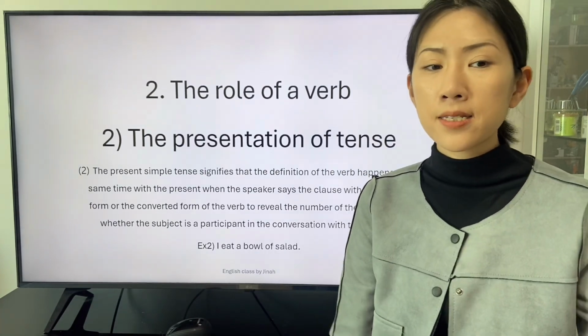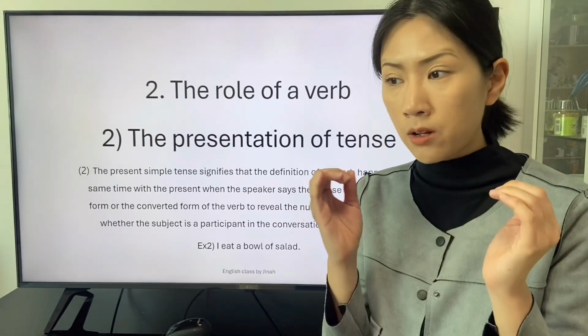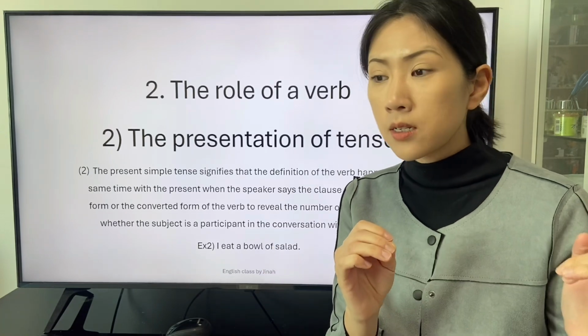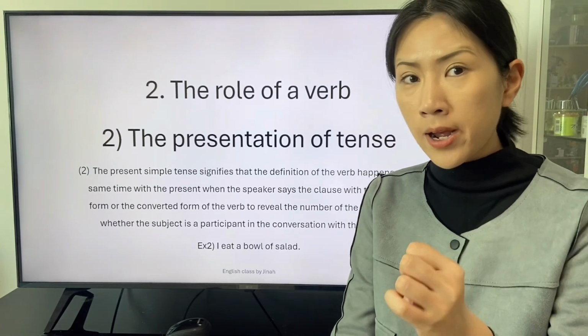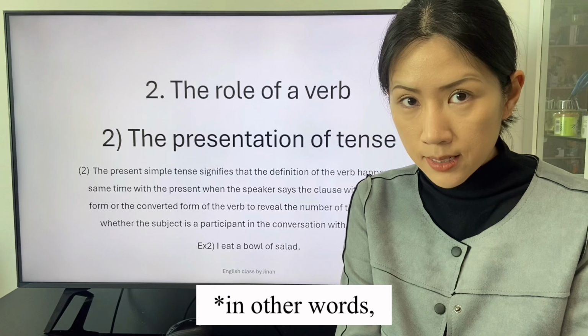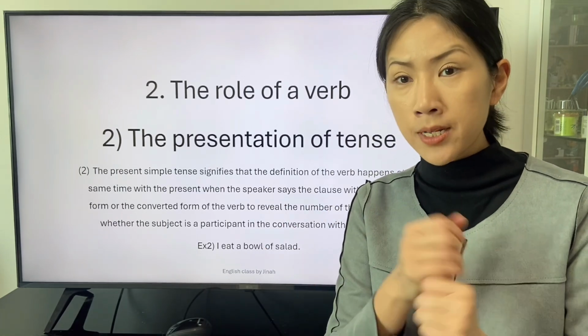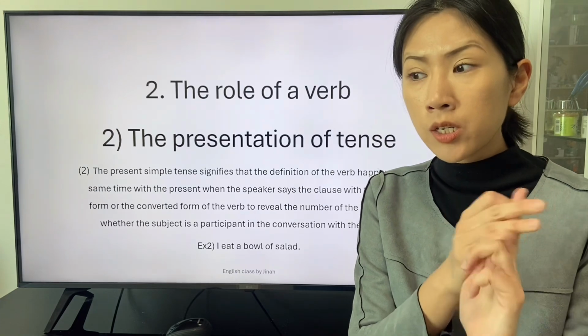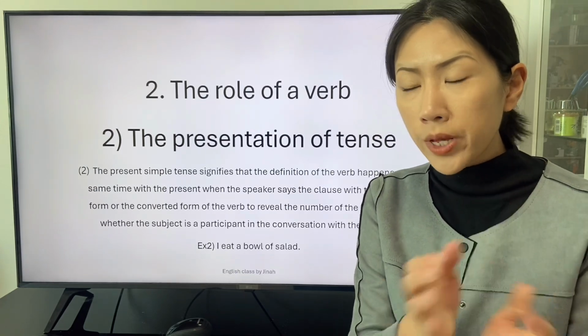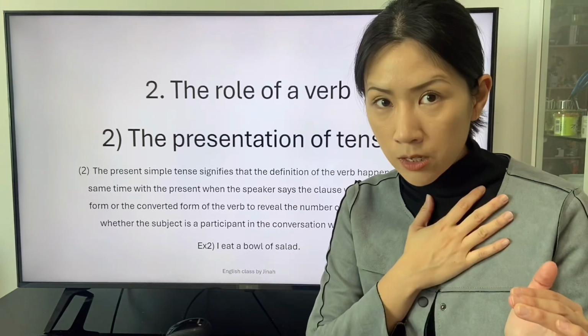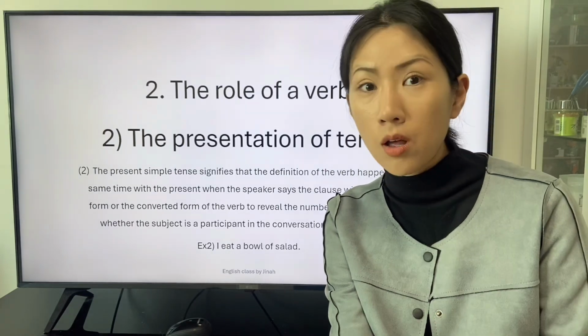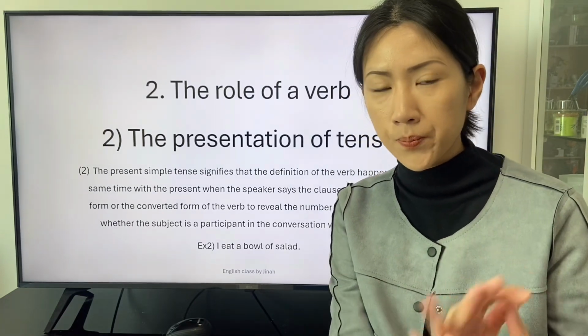The present simple tense is applied in a clause where the speaker describes the present, a concurrent experience, condition, or action with the point in time when the speaker says the clause.